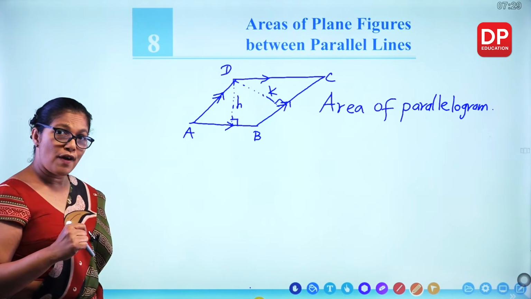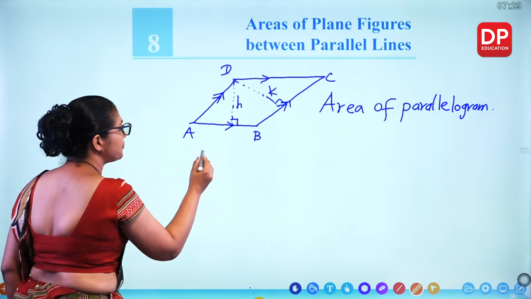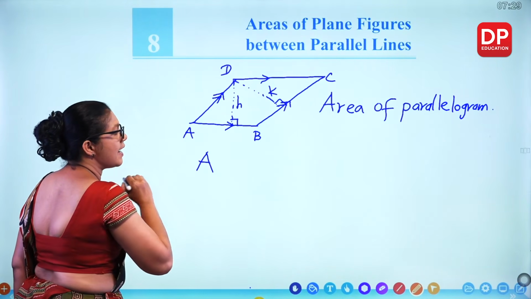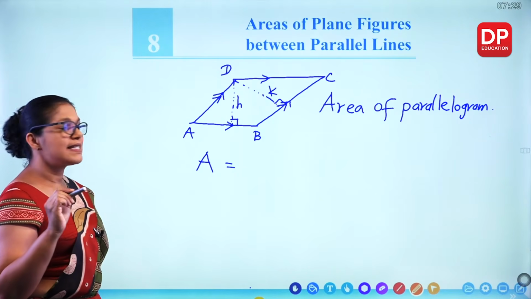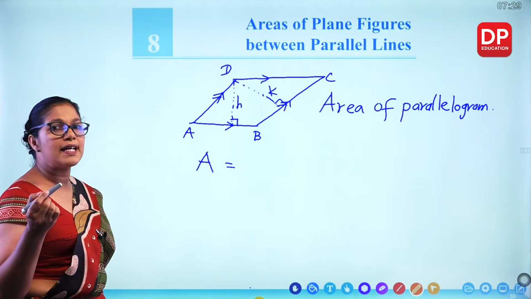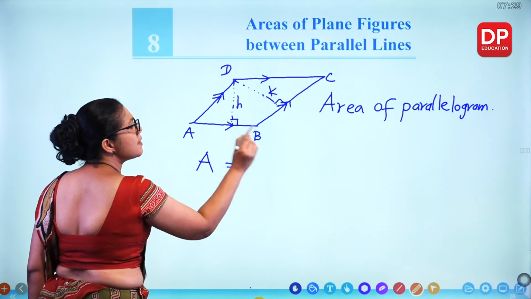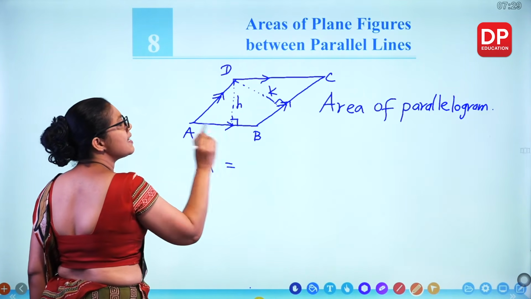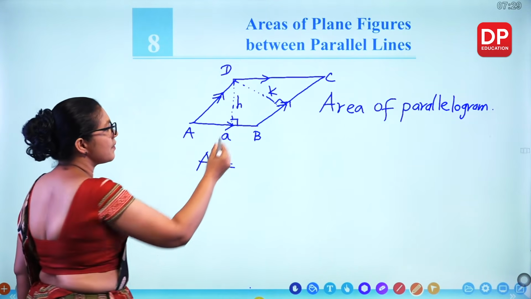So if you want to find out the area of the parallelogram, area A is equal to, what's the formula? Base times perpendicular height, altitude. So what's the base here? If I take this side as the base, AB, I'll put A for that.